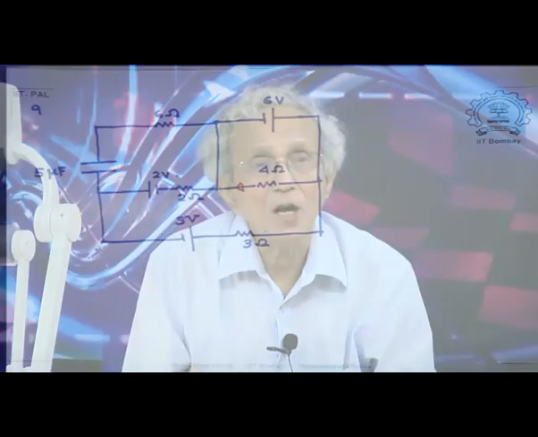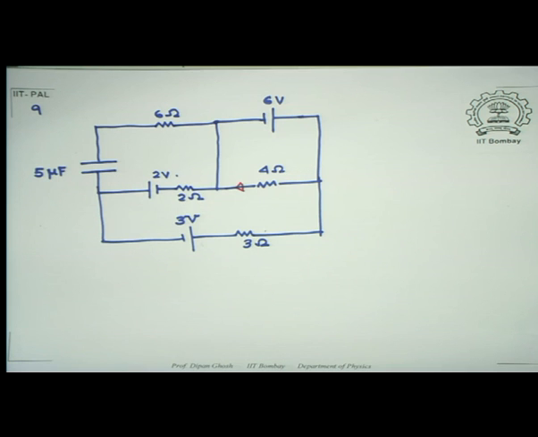Now remember, once equilibrium is reached, there is a direct current. So no current can pass through a capacitor. The capacitor plates of course get charged, so there would be a potential difference across them, but current is not passing.